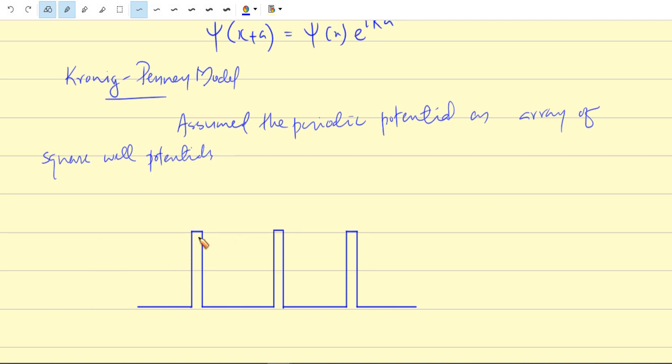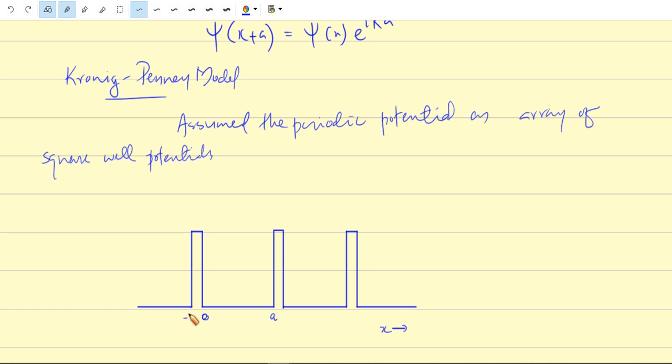This is the periodic array of potentials. The width of the potential barrier is B, and the width of this well is A. So this is our 0 on the x-axis, this is the x position, and this width is A, and this width is B.